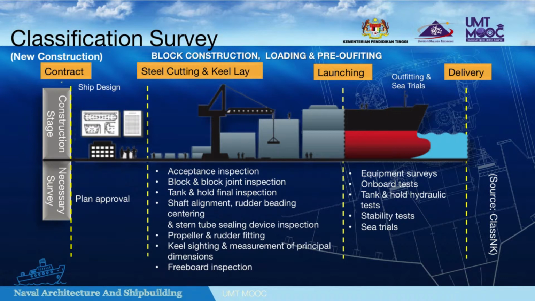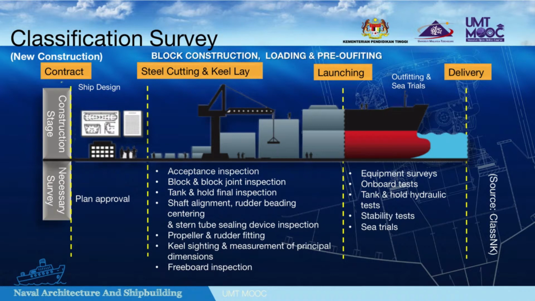After that, the shipbuilder needs to submit a long list of ship design documents for plan approval, and the ship plan must be approved by the technical staff at the head office of the ship classification society before new construction begins.